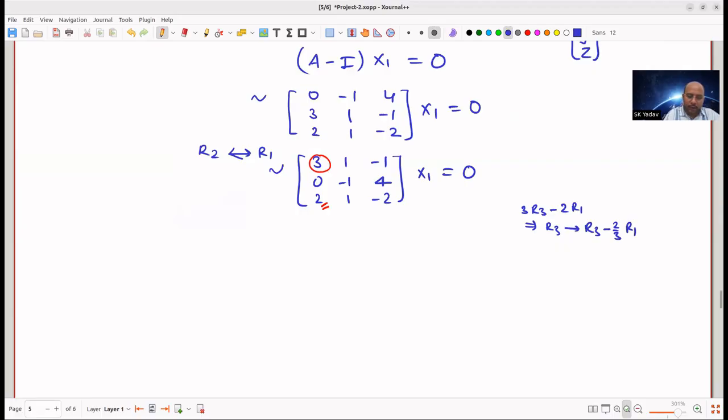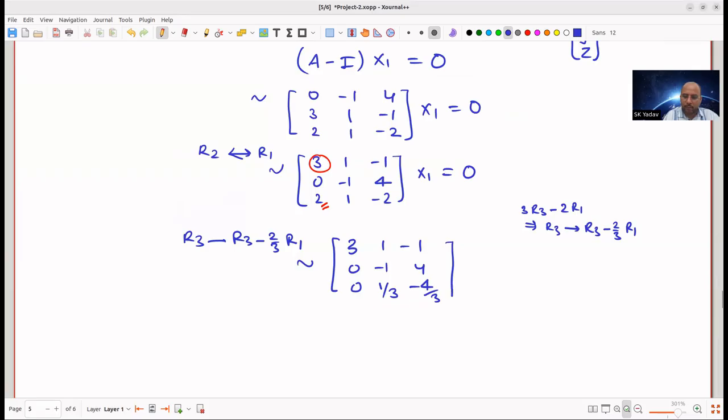So apply here R3 minus 2 by 3 R1. So this will give you a new matrix: 3, 1, minus 1, 0, minus 1, and 4. And here it is 0, and then here 1 by 3, and here minus 4 by 3. And x1 equal to 0.